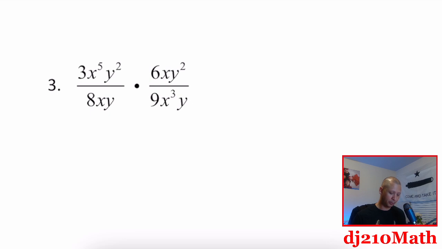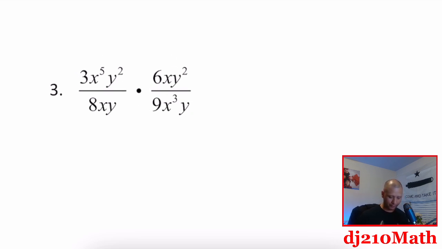Essentially, you look at every individual thing. Let's start with the numbers. There's a 3 on top, 6 on top, 8 on bottom, 9 on bottom. One way to do this, there are all different kinds of techniques, is you can multiply everything straight across. This would be 3 times 6, which is 18. X^5 times X, you combine all the like terms.